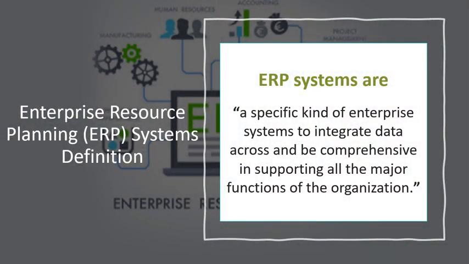Enterprise Resource Planning System, or ERP system, refers to a type of software that organizations use to manage day-to-day business activities, such as accounting, procurement, project management, risk and compliance management, and supply chain operations.